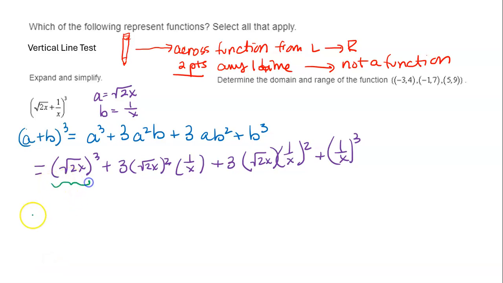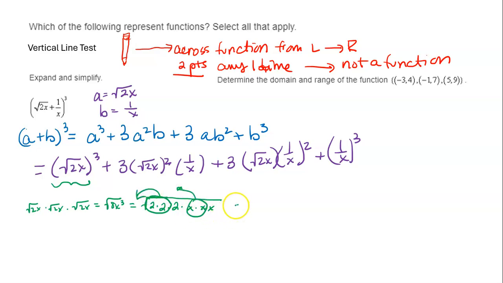This is going to be square root of 2x times square root of 2x times square root of 2x, which is the square root of 8x cubed, which is 2 times 2 times 2 times x times x times x. We know that with square root, if there's 2 in the house, you can take 1 out. So that ends up being 2x square root 2x.